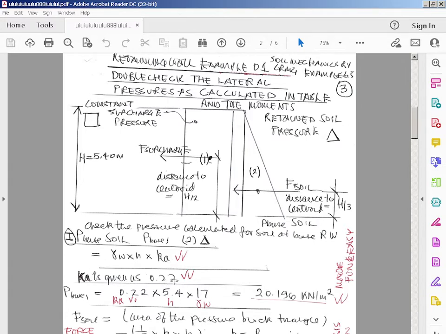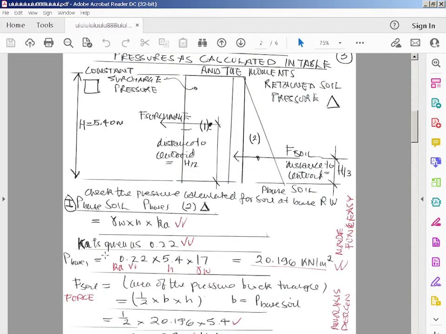Checking the textbook, the angle of friction phi dash equals 40 degrees, and delta is 30 degrees on the base of the wall. That's the friction. I'll do another video on how they get that, but if phi dash equals 40 degrees, Ka is given as 0.22.